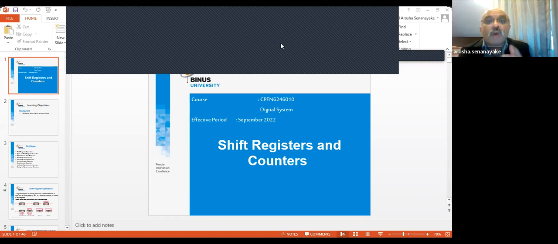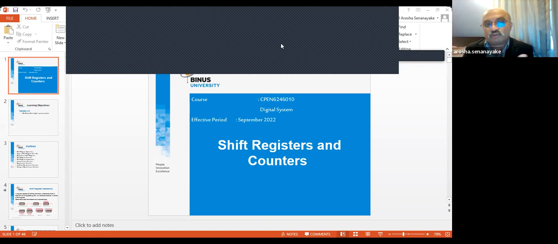Serial in. Why? Because data is received by these D-type flip-flops 1 bit at a time. Based on the arrow indicated here, the first bit received is shifted to the right.